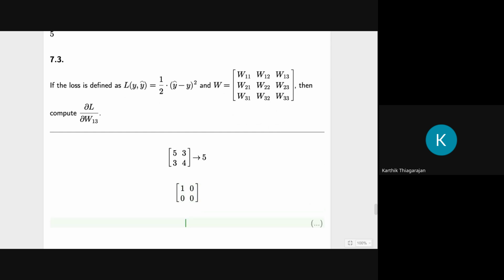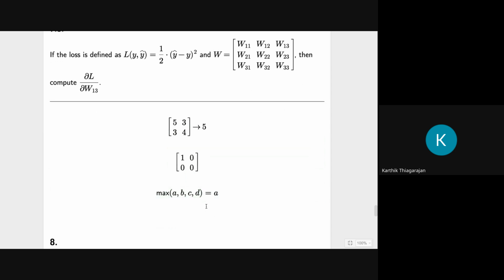In case this is not clear, max of the max pooling is essentially max of four values, A, B, C, D, and in this case it is A. So dou L by dou max pool will be one for that A value, that entry alone, and zero for every other case.